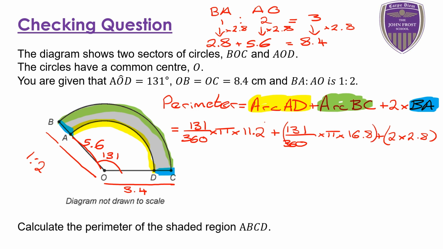So you can work all these things out separately and then collect them at the end if you so wish. But if you typed that as your answer into the calculator, you would get a total answer of perimeter of 37.6 centimeters. Okay. Well done if you got that.